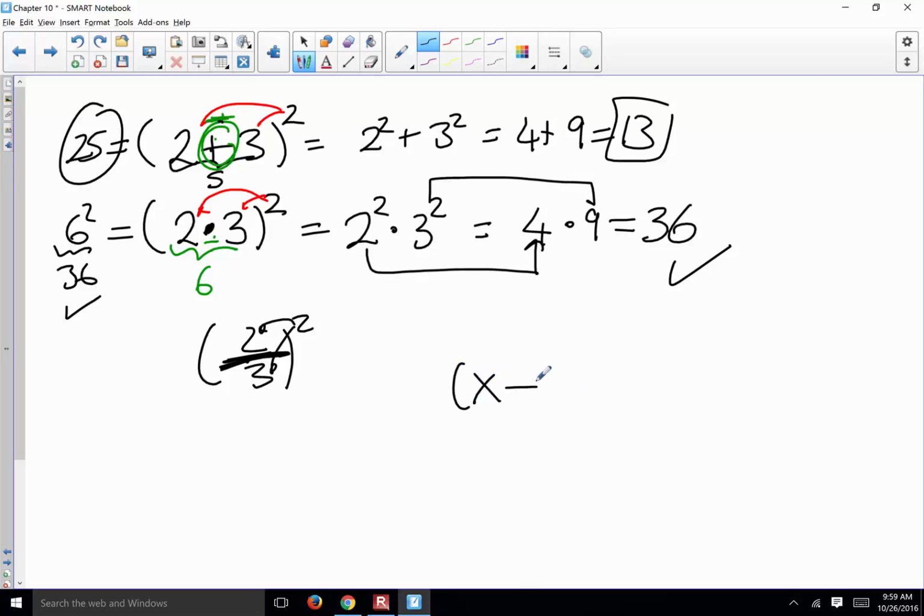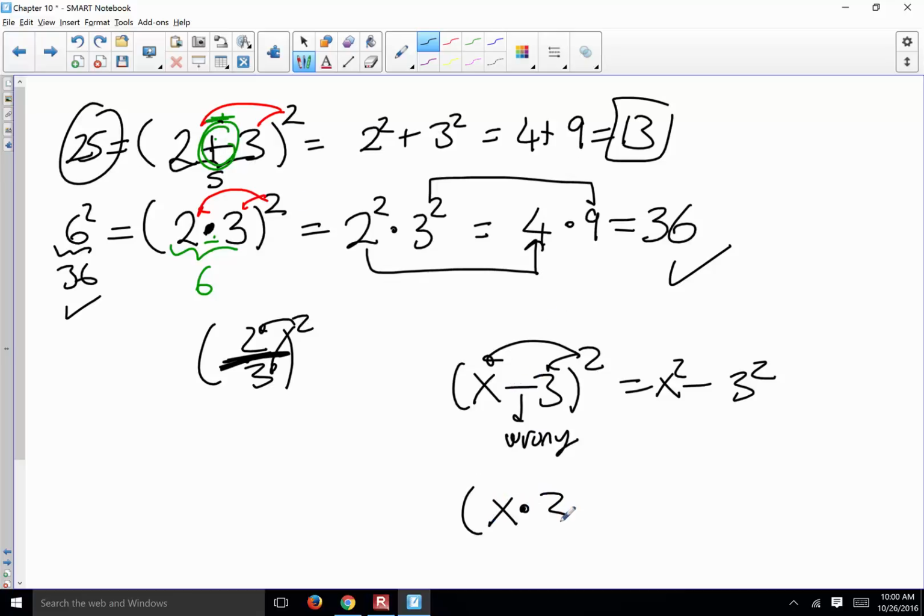Most common mistakes happen in these. You guys square this by squaring each. Wrong, wrong, wrong. Because this is a subtraction, just like here. You cannot pass the square. Here you can. This is fine, correct.